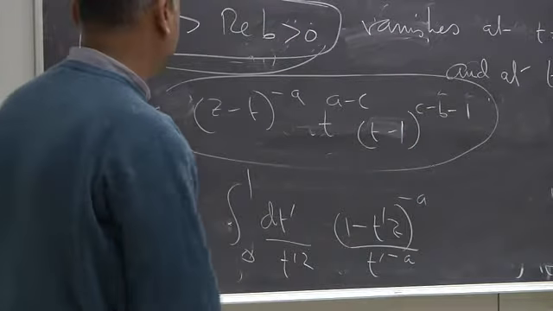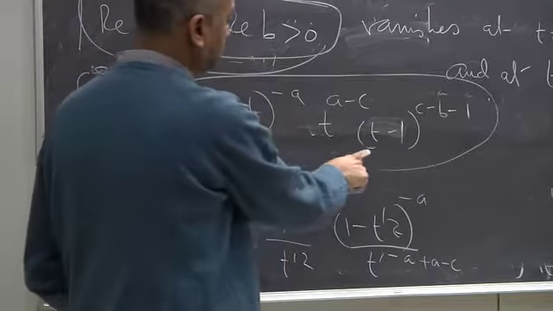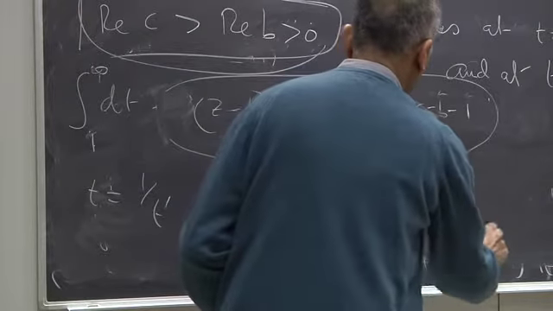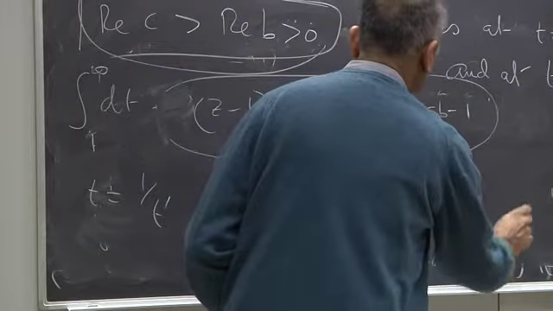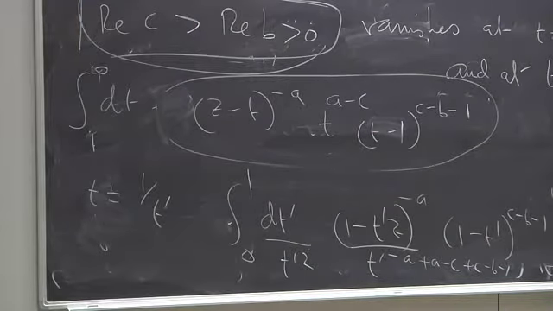And then here you get t prime to the plus a minus c from here. And then you get here (1 minus t prime) to the c minus b minus 1. And then here you get plus c minus b minus 1, t prime. I'm just writing t is equal to 1 over t prime and then taking out 1 over t prime, so you get that, and so on.